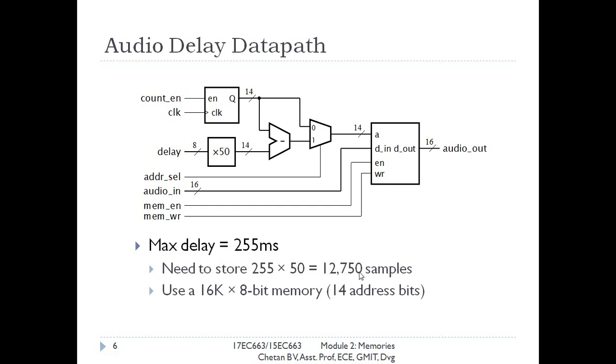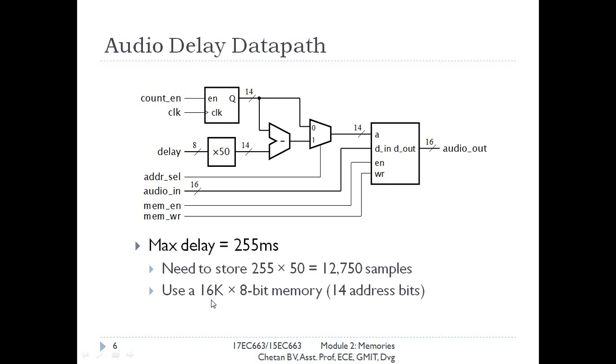So you should employ a memory which has a minimum of 12750 locations. For that reason, we choose a memory size which has a nearer value. So it comes out to be 16K into 8-bit memory.